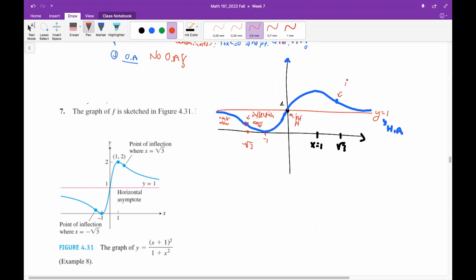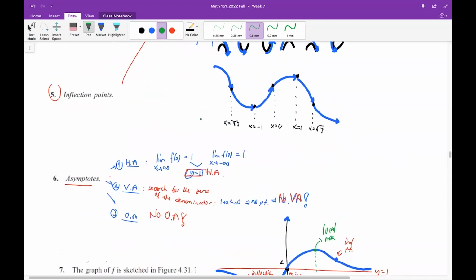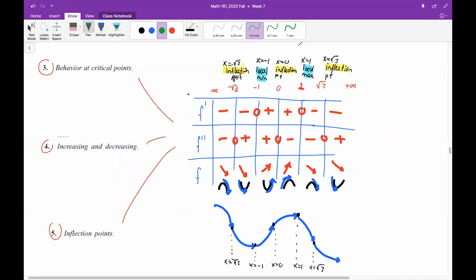Also here we have an inflection point because the concavity changes. But as we have here, we have a local minimum, and here we have a local maximum point, okay? All those information is already written here.